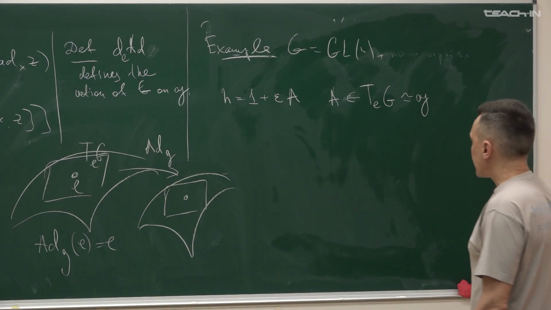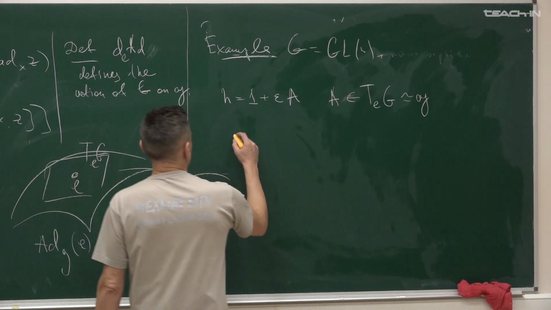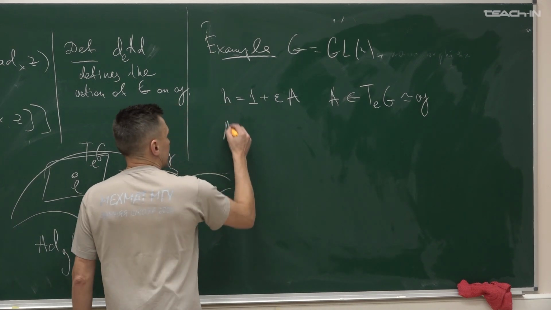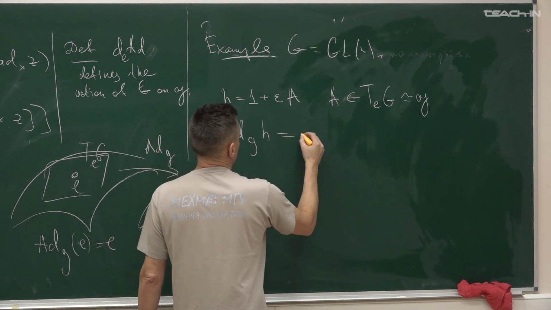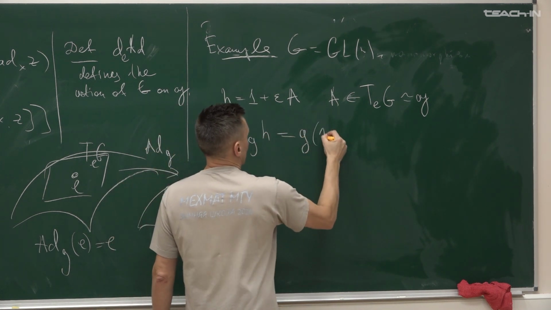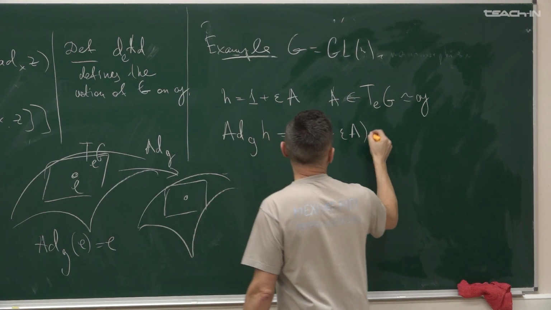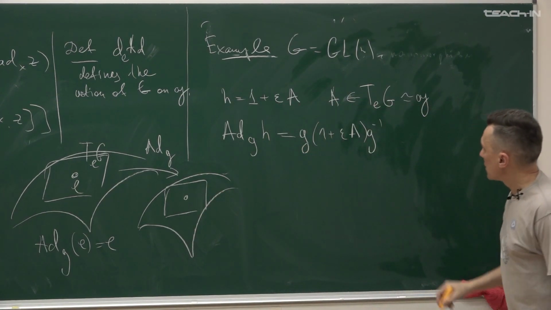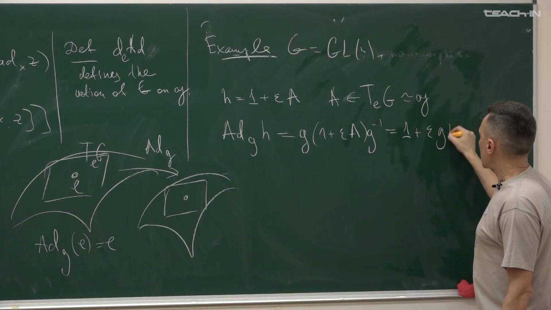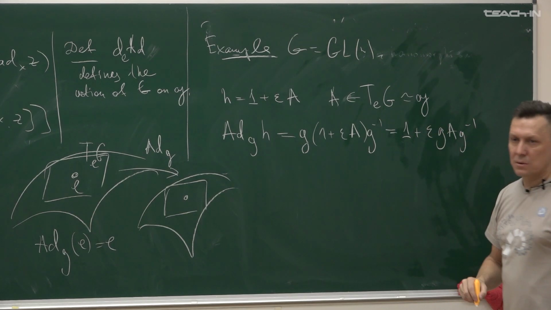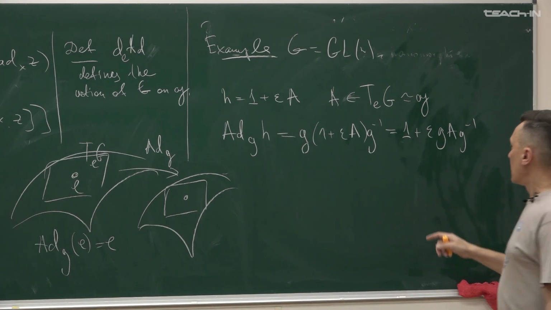Then we consider the big adjoint action of g on h: g (1 plus epsilon A) g^{-1}, and it is obviously 1 plus epsilon g A g^{-1}.